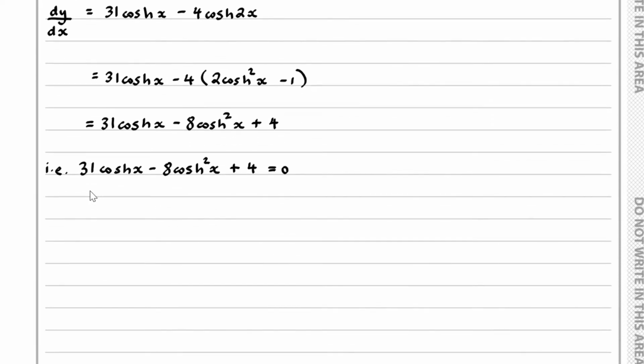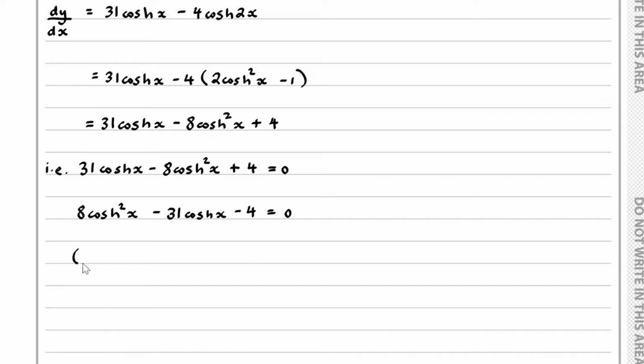If we multiply through by minus 1, we end up with 8 cosh squared x minus 31 cosh x minus 4 equals 0.